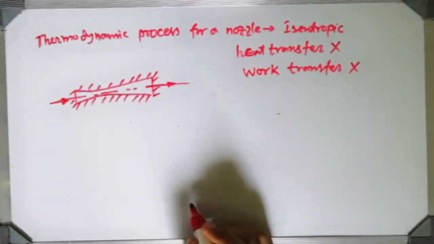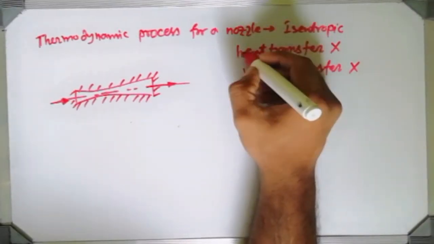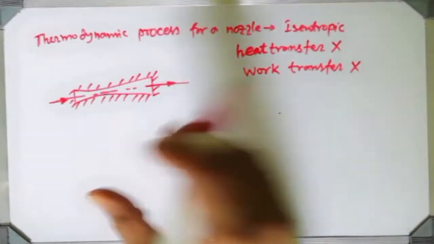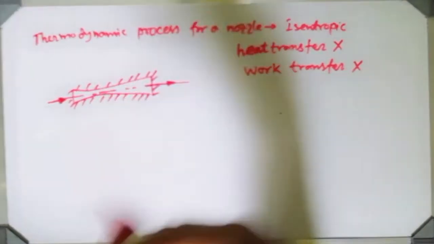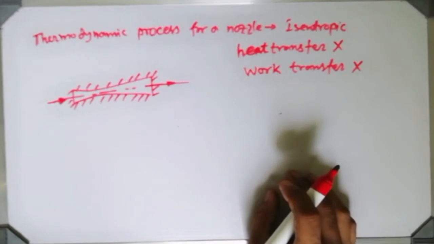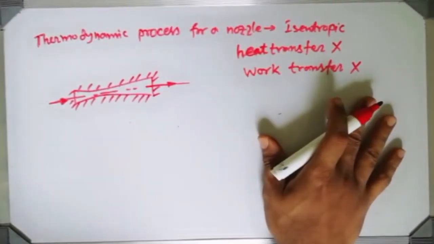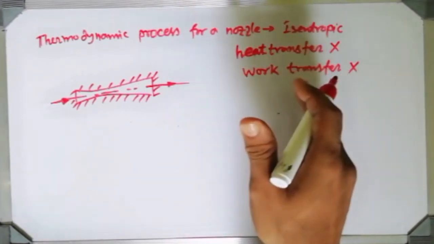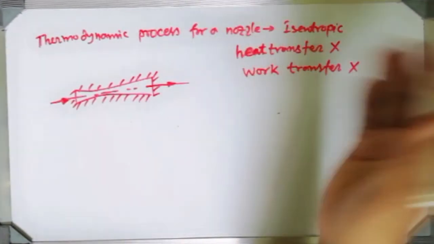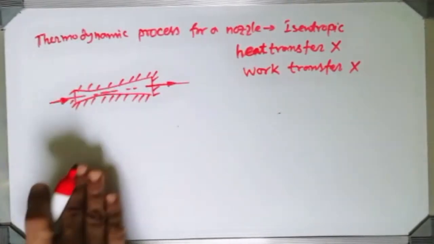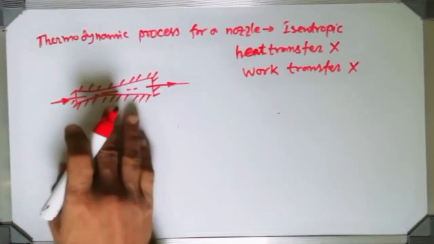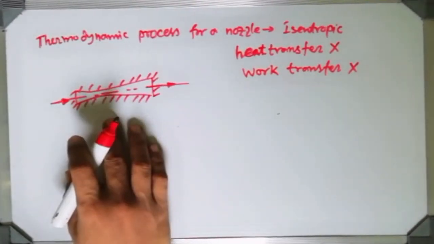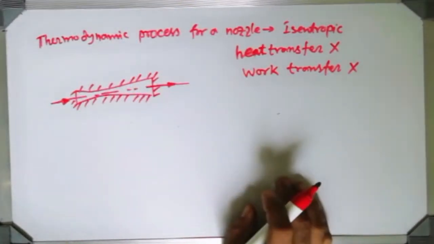If there is any moving part, like inside an IC engine a piston moves inside a cylinder, or in a turbine a rotating shaft, then some work is being produced, so work will be transferred to or out of the system. But here, if we consider the nozzle as a system, no work is supplied to it, and no work is produced by the nozzle. So that's why there is no work transfer.